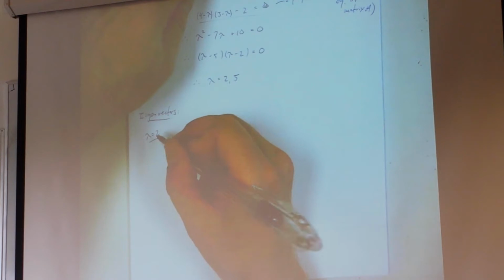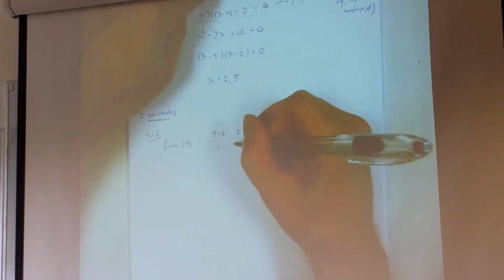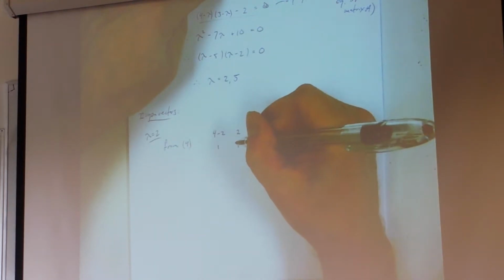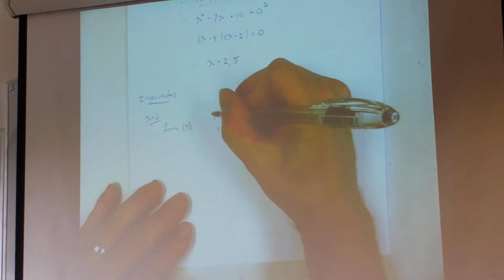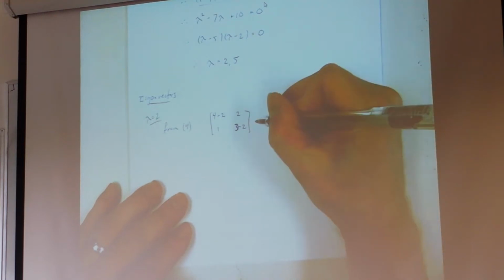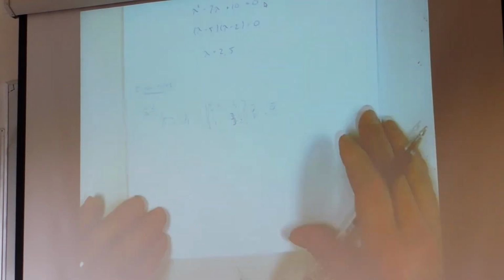If lambda is 2, then we get 4 minus 2, 2, 1, and 3 minus lambda. Lambda is 2, so that gives 3 minus 2, times v equals the 0 vector.